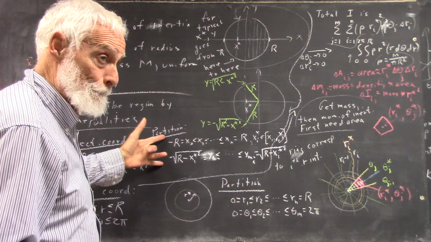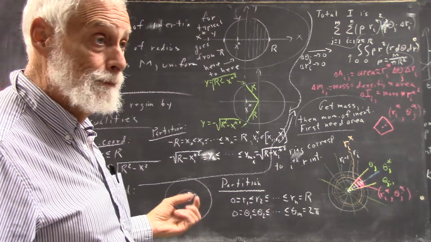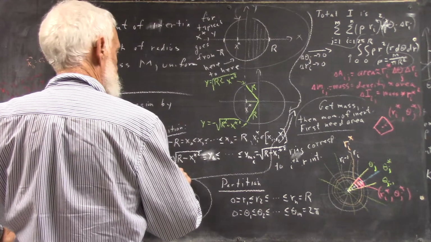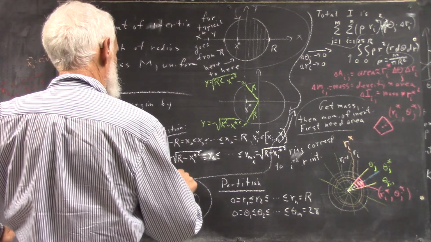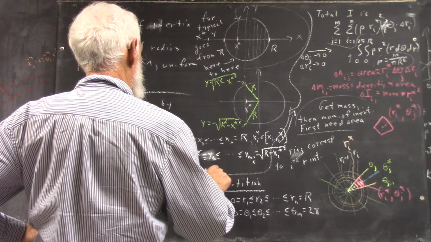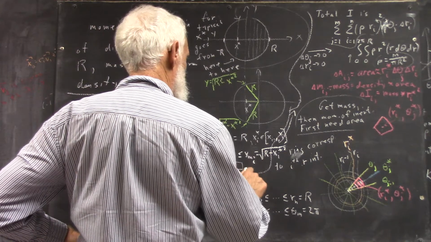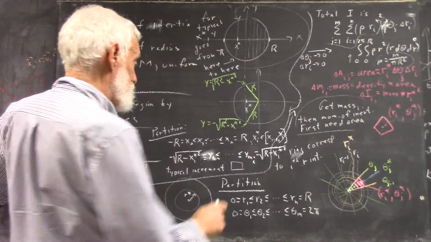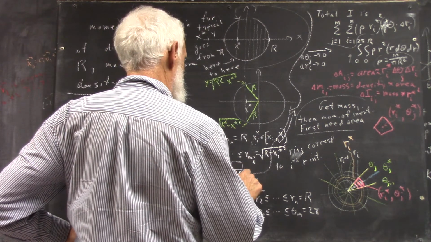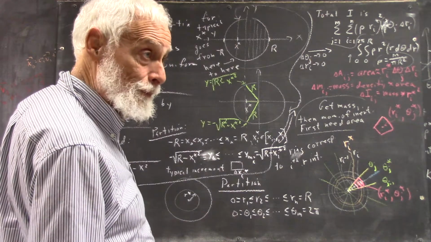Okay? Now what's your typical increment look like? It's a rectangle. Delta xi star, right?